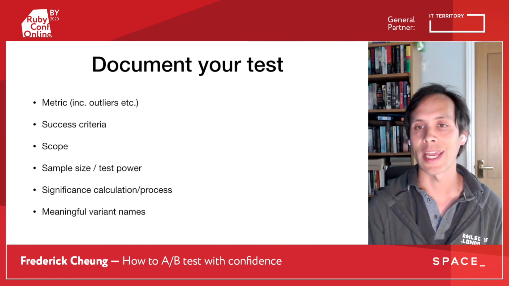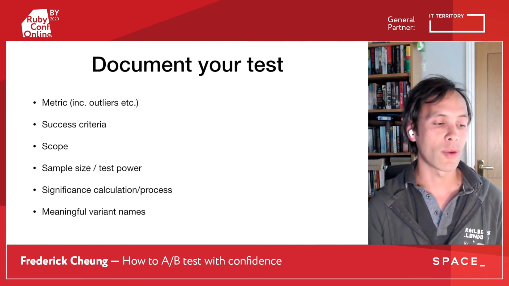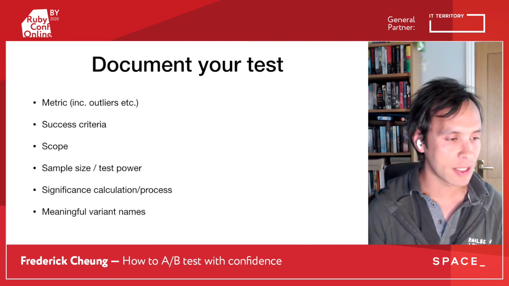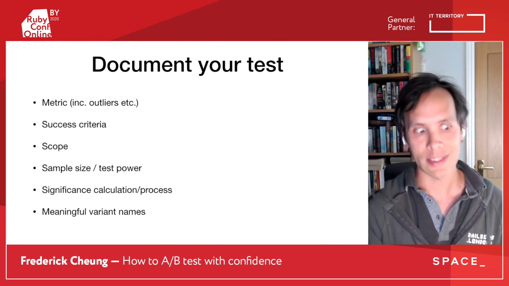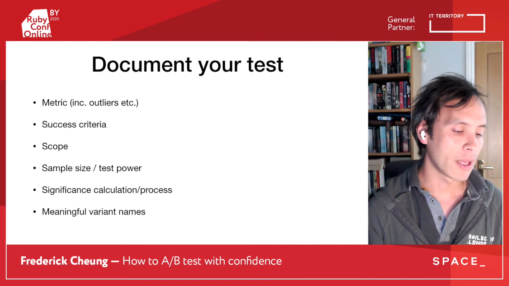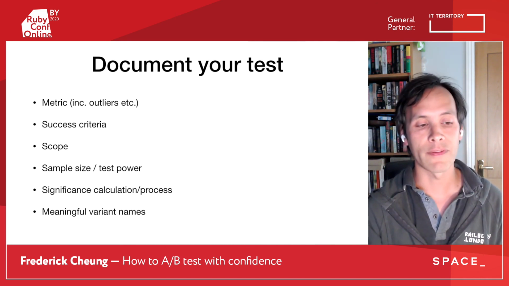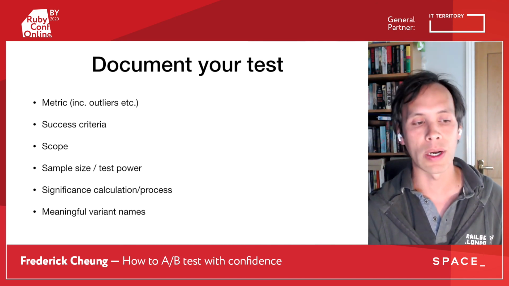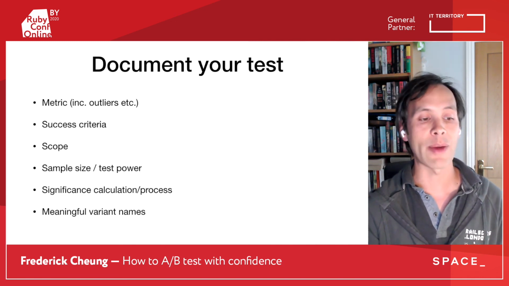And meaningful variant names. I mean, this sounds ridiculous, but we had a test once where we'd been working with a retailer for 6 months, and someone said, actually, wait a minute, we should have done an A/B test at the beginning of this. I said, okay, we'll run the test now. And so this was a test where we were adding content to the retailer site, and fully half the people involved thought, well, the recipe content has been on the site already for the past 6 months, and now we're running an A/B test.